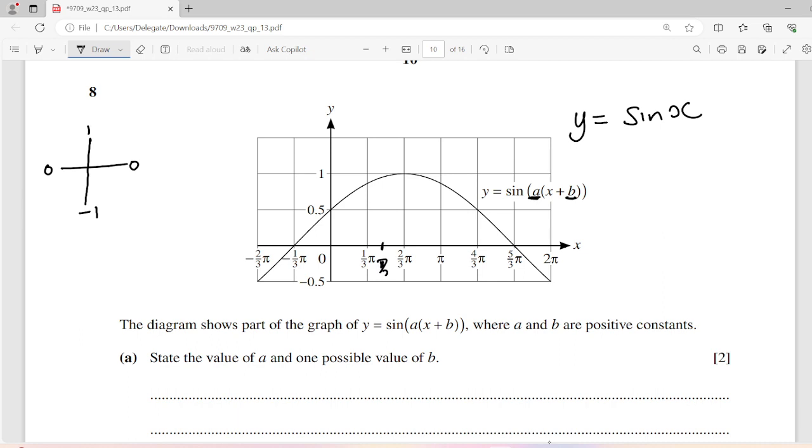So the sine graph is supposed to have been like this, because sine 90, so we are on 0, when you come to sine 90 we are there, and then 180 we're supposed to be there, right?